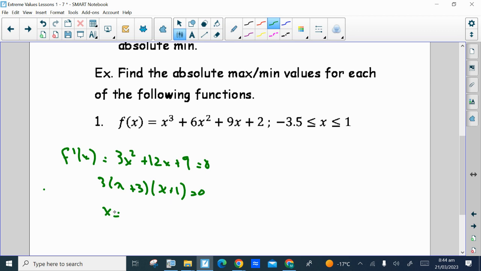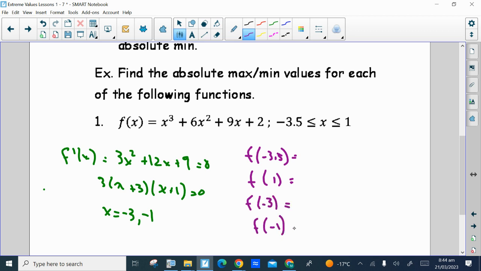And that gave us critical numbers of -3 and -1. So we need to find the value of the function at -3.5 because that is the minimum value of this graph, at +1 because that's the maximum value of this graph, as well as at -3 and -1 because those are the two critical numbers.